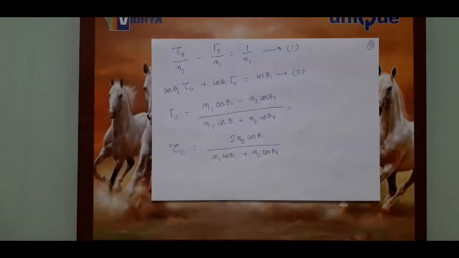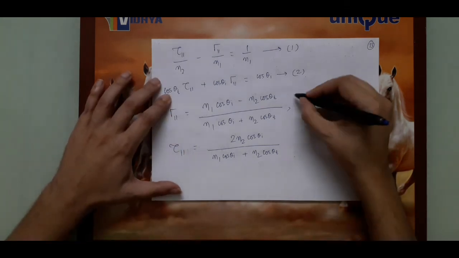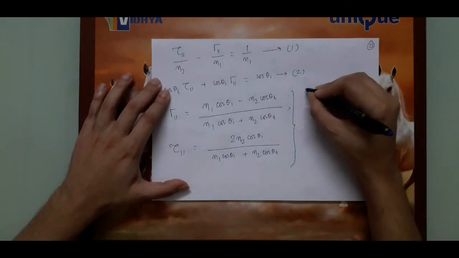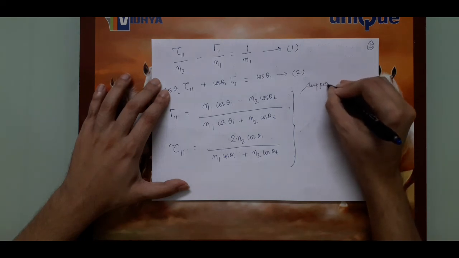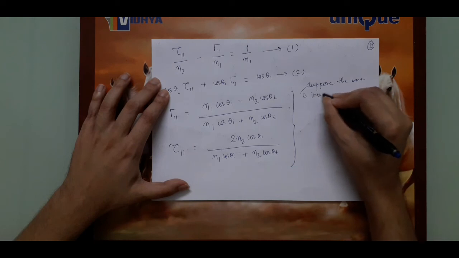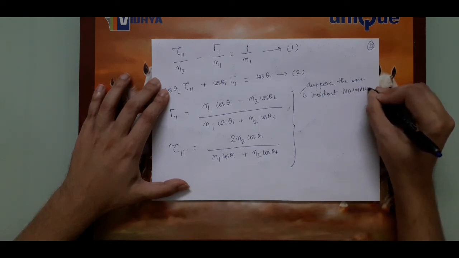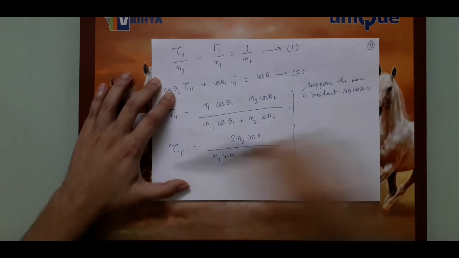Now let us take a small example. Let us say, suppose the wave is incident normally. Normally means what? Vertically along the boundary.